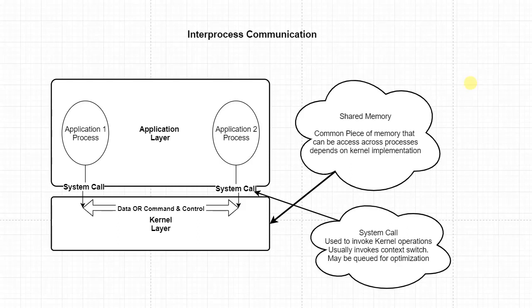Now, there are multiple mechanisms for the kernel to implement this common communication channel, which helps achieve interprocess communication. Pipes is one such mechanism which achieves interprocess communication.